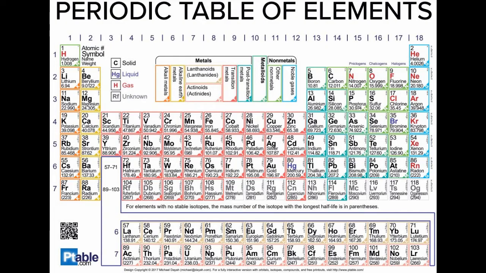Lithium has 3 protons. And in a neutral atom it will also have the exact same number of electrons. So it's neutral because the number of positive charges is the same as the number of negative charges. So we've got 3 protons in the center, 3 electrons orbiting. It has a very small attraction compared to oxygen.